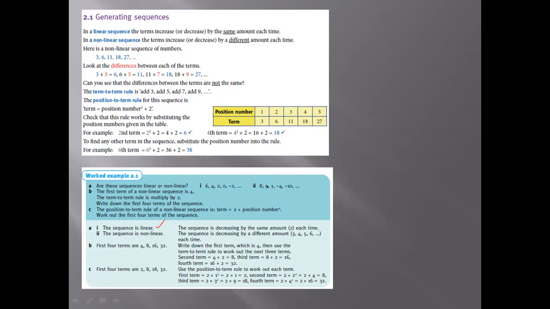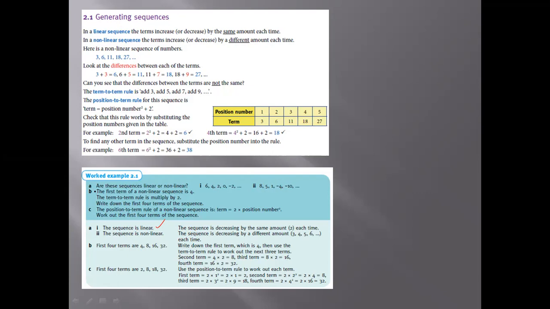And between 5 and 1 is minus 4. Okay, it's enough. So it's not linear, it's non-linear. Let me check the explanation of this question. The sequence is decreasing by a different amount: 3, 4, 5, 6. In this case, the sequence is non-linear.